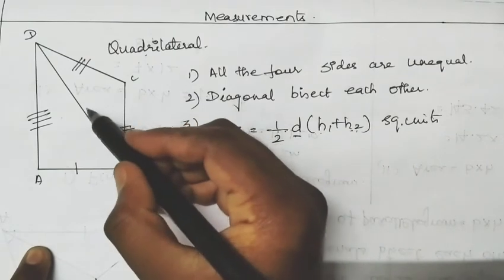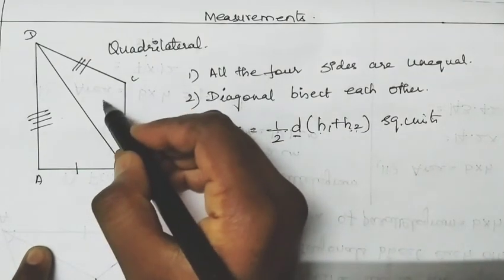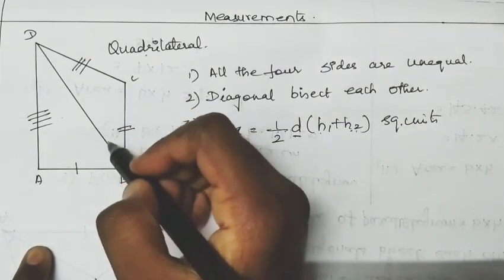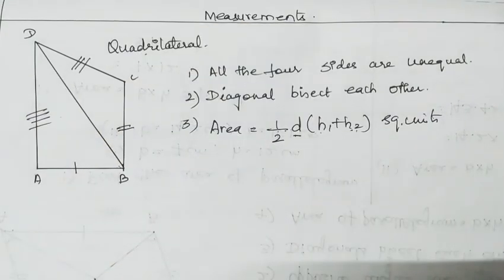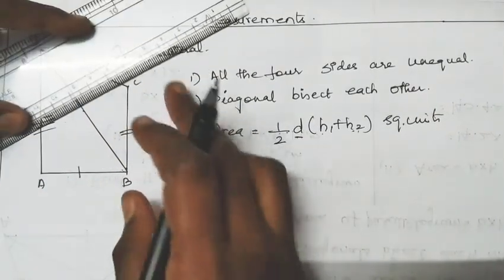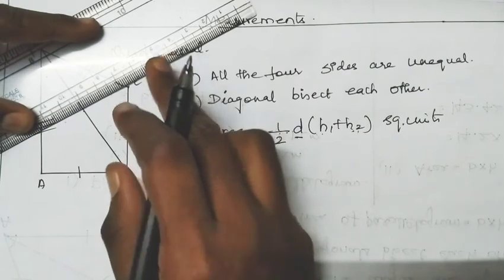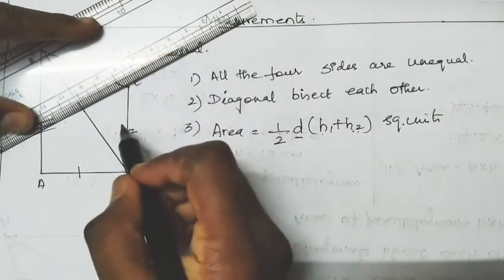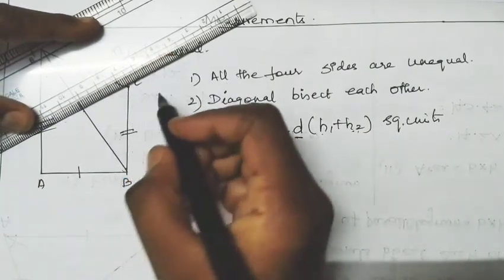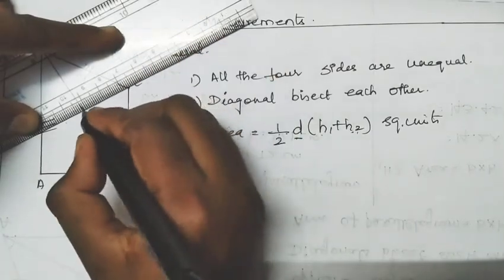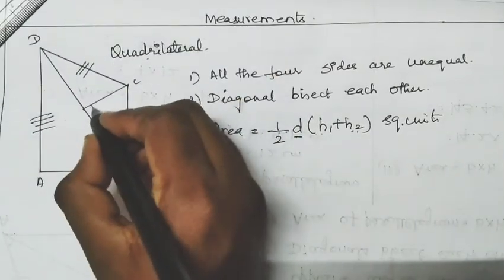Now I want to draw the height. Height is nothing but the perpendicular line to this diagonal. So here I am drawing the altitude roughly, but you have to use scale and set square for this. So it should be 90 degrees.